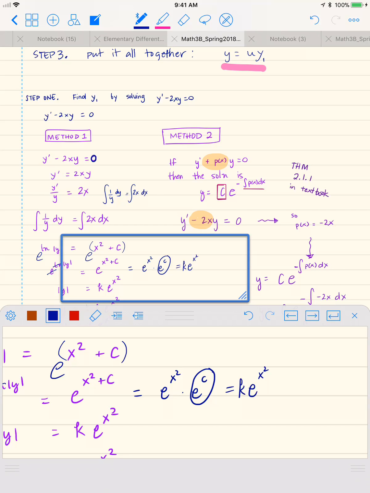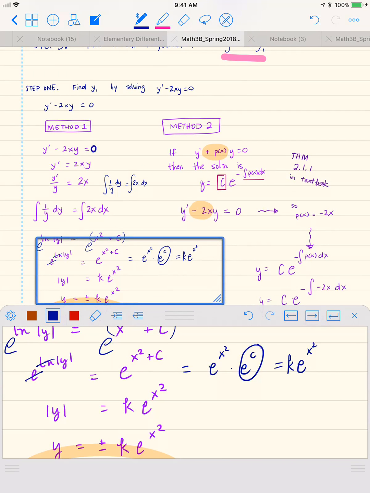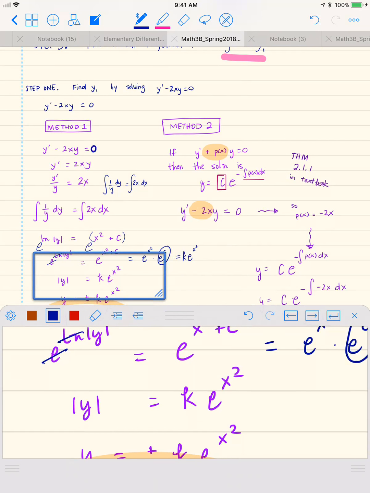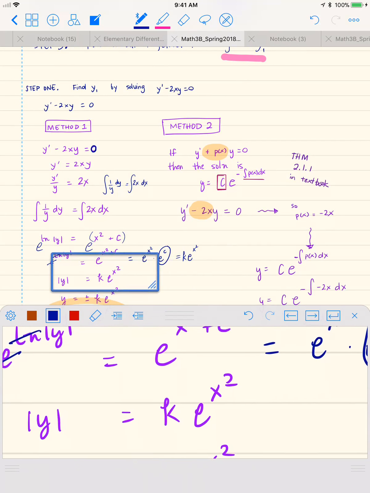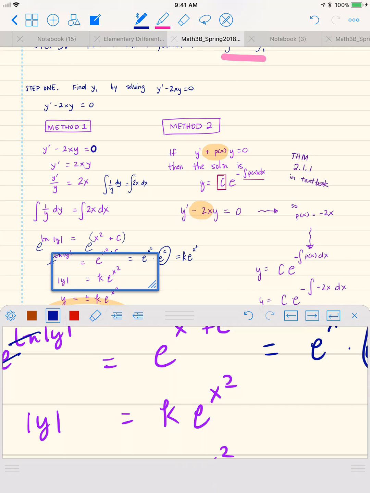And notice here that k has to be positive since k came from e to c, and the range of e to the x is positive numbers only. So that's how we get the absolute value of y equals k times e to the x squared.